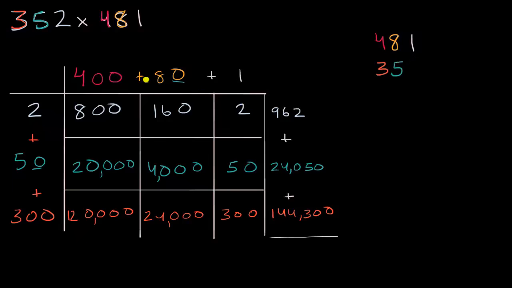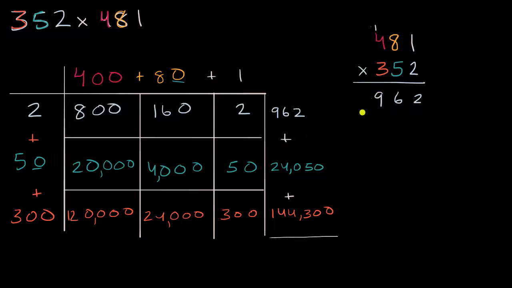In the standard algorithm, we start with this 2 in the ones place, and multiply it times 481. So 2 times 1 is 2. 2 times 8 is 16. So we put the 6 here, and then sometimes we'll say we'll carry the 1. We're really regrouping that as a hundreds. That's 10 tens, which is a hundreds. And then 2 times 4 is 8, which is really 800, plus 1, so that's 9, or really 900.